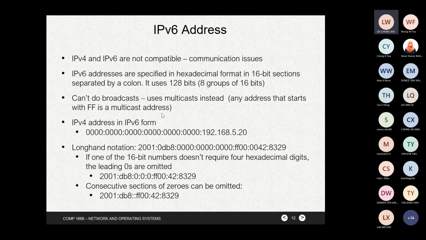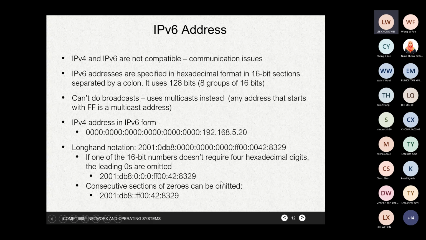Example of converting IP version 4 into version 6, you have to have 1, 2, 3, 4, 5, 6, and in fact more, remember 8 groups, isn't it? You have to have 8 groups of 16 bits each. And it's not machine readable, I mean human readable. Like what you see here, it's quite long.